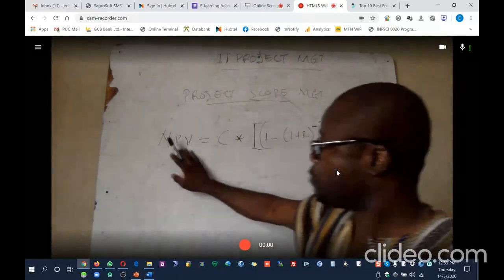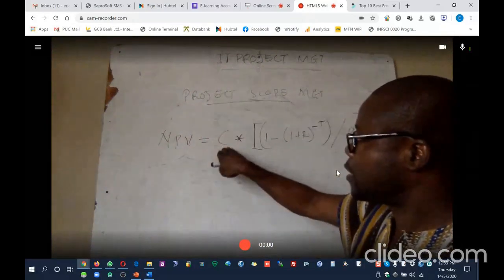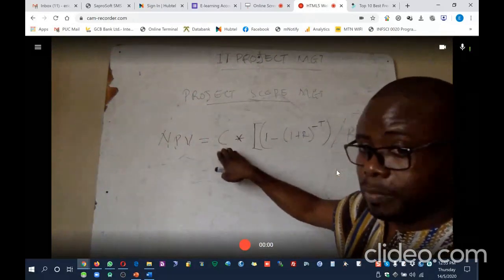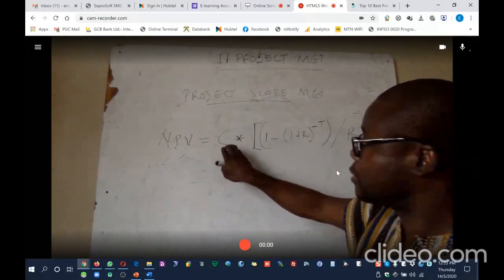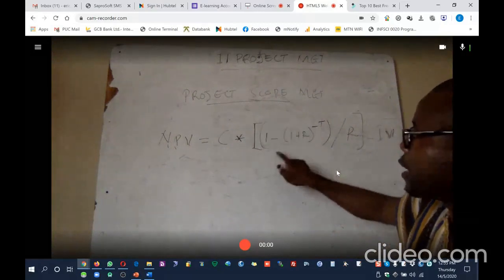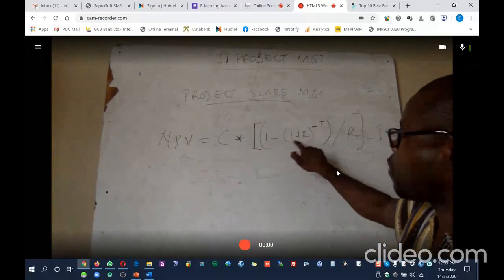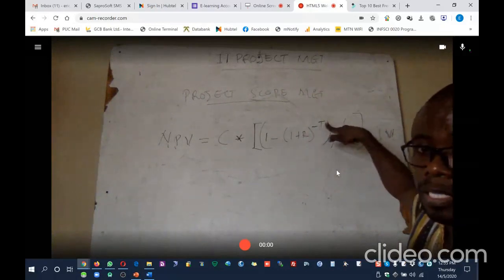From what we have just seen, our NPV is equal to the return on investment that we're going to be making periodically, it is yearly, the figure is in there. Then multiply that by, then into bracket, we first add 1 to the rate, and raise the power of the minus period.